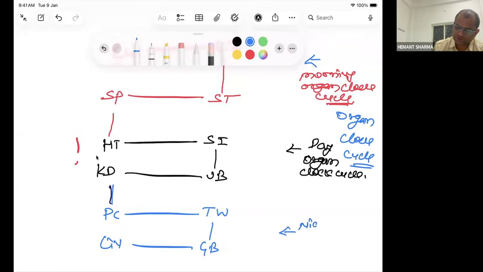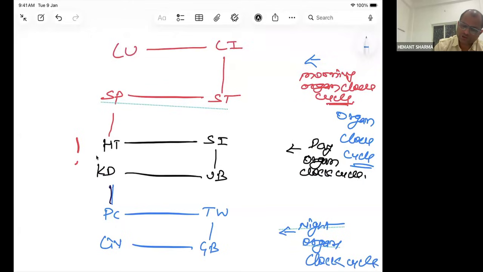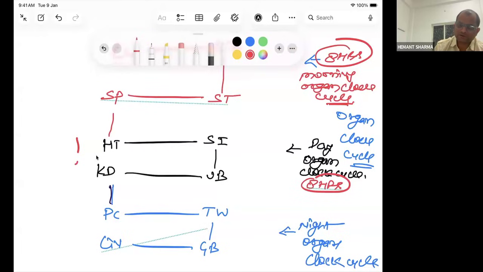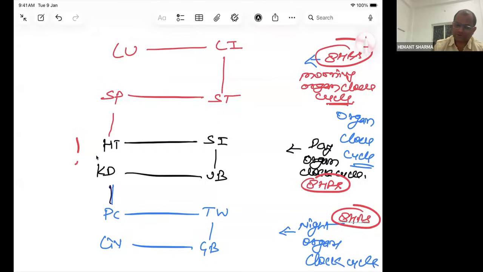This is the night organ clock cycle. So the morning organ clock cycle is going for 8 hours. Day organ clock cycle also going for 8 hours. Night organ clock cycle also going for 8 hours. So there will be total 24 hours.